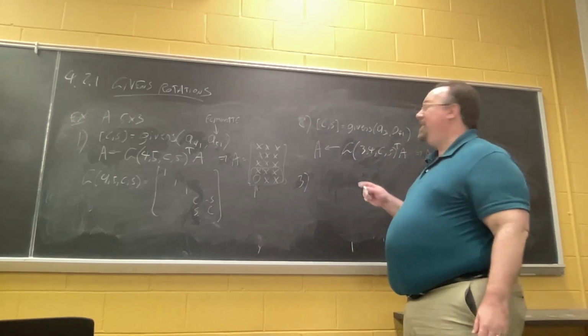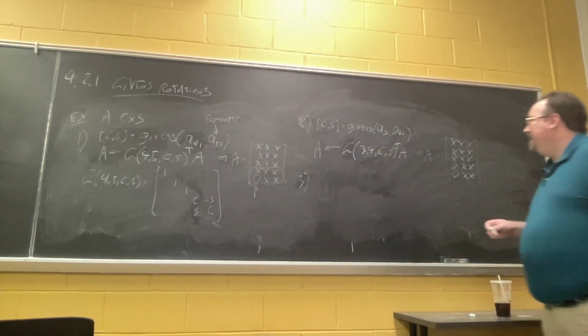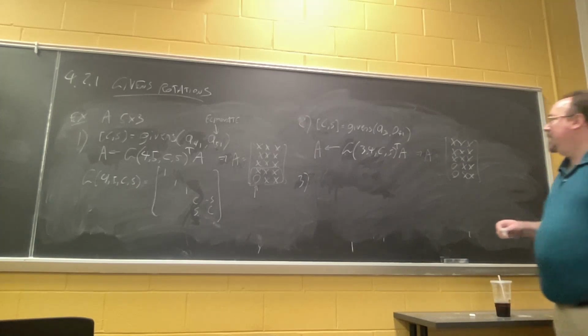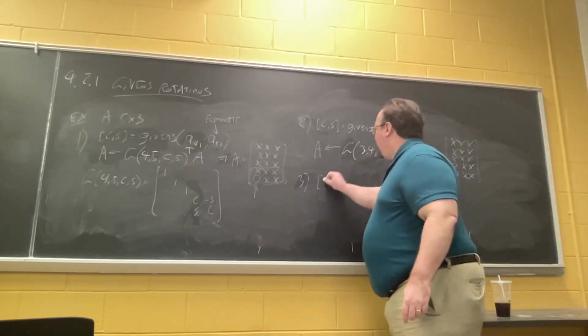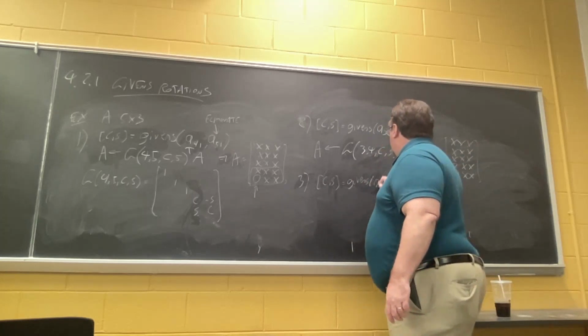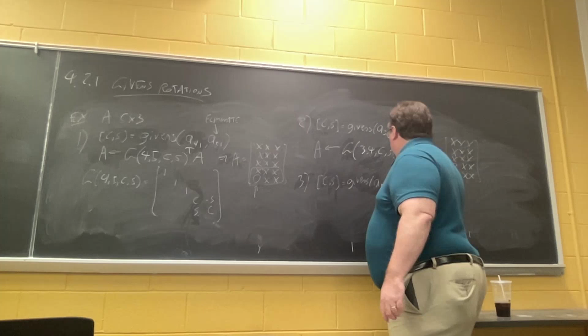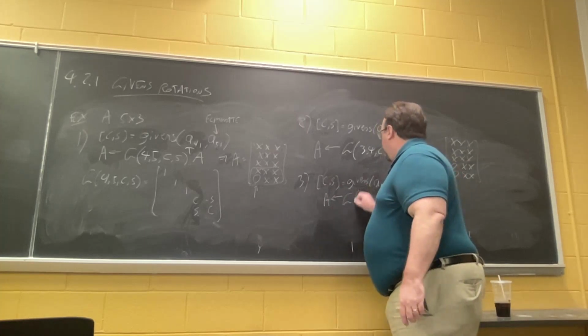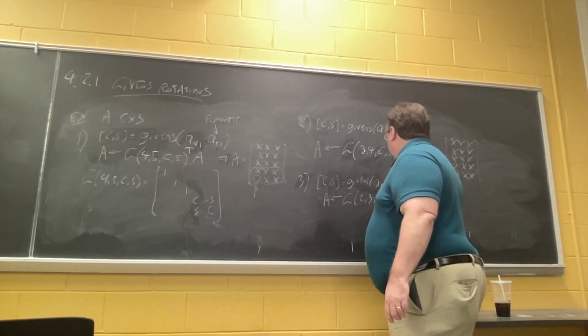So then what would I do? Call Givens with A(2,1) and A(3,1). And then we use Givens on rows 2 and 3.